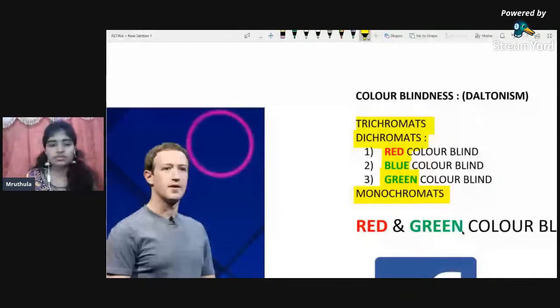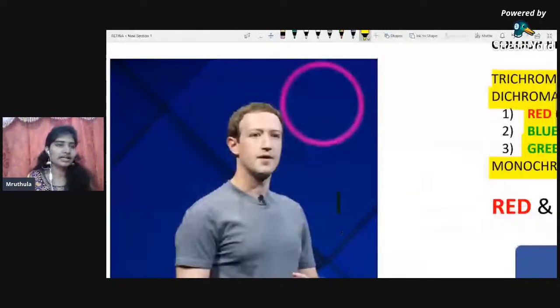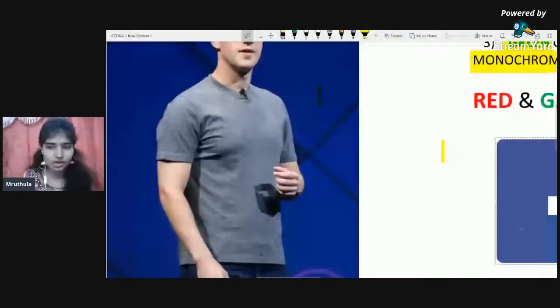So Mark Zuckerberg has red-green color blindness. That is the reason why the Facebook logo is blue in color, because he can see only blue color.